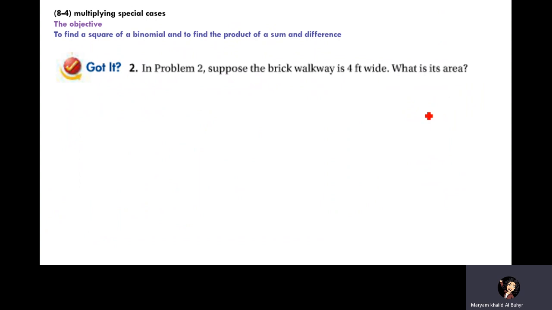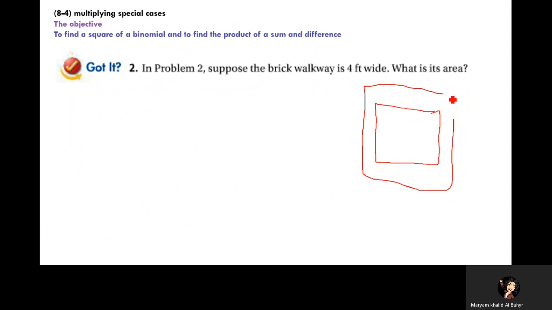It will be exactly the same thing, but the only change is this part, which is here. This is 4 instead of 3, while the others are exactly the same.